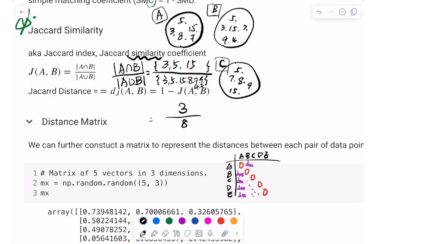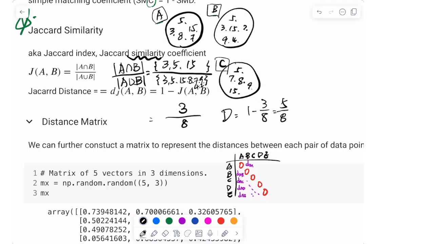So the similarity of set A and set B is 3 over 8, quite straightforward, and the distance is 5 over 8. You simply calculate how many items are shared between set A and set B, and then you can calculate the Jaccard similarity or Jaccard distance.